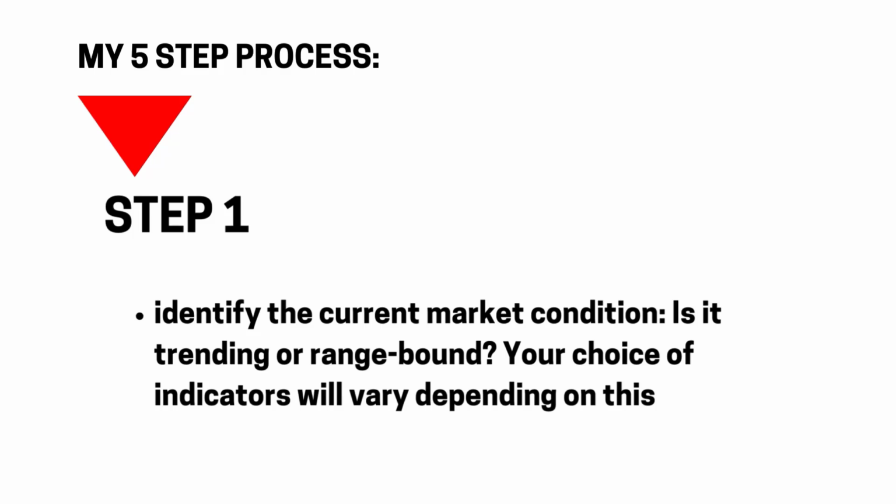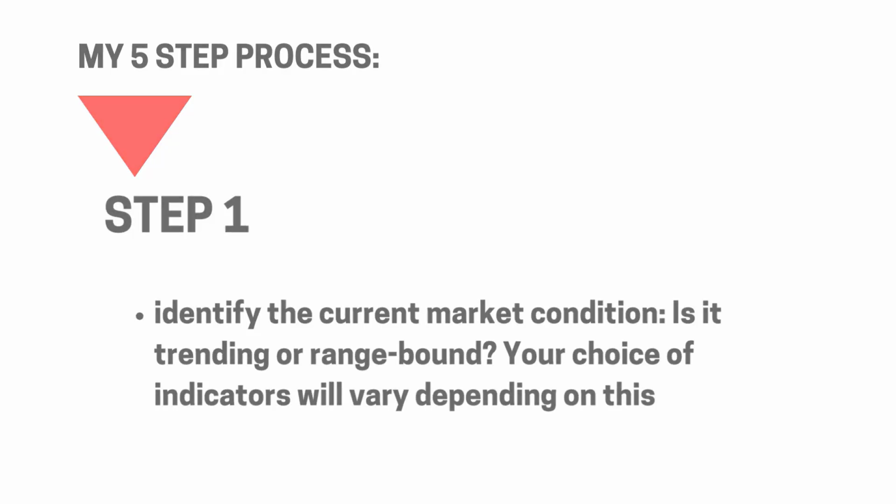Have some logic to what you're putting together, based around whether it might be a stock market trade, commodities, something in an illiquid market versus something in a liquid market. There's a lot of variables that go into selection, and the first step is identifying the current market conditions.